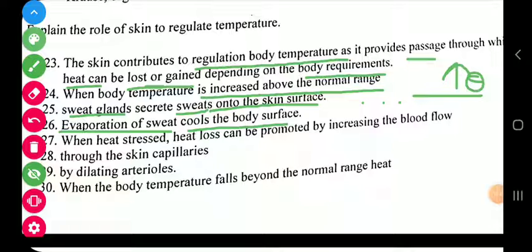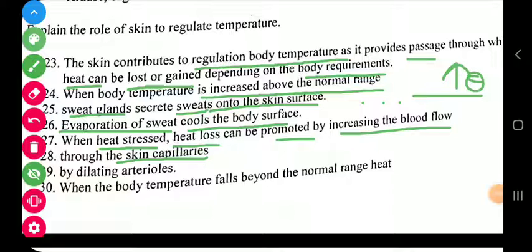When heat stressed, heat loss can be promoted by increasing the blood flow through the skin capillaries. So when heat stressed, that means when there's a higher heat in the body, heat loss can be promoted. How? By increasing the blood flow through the skin capillaries.